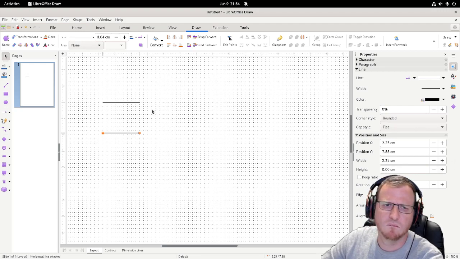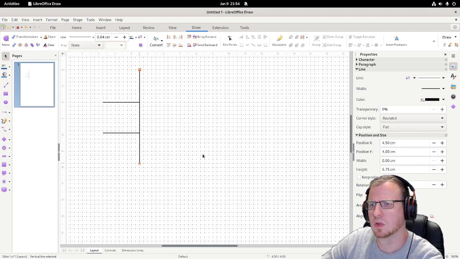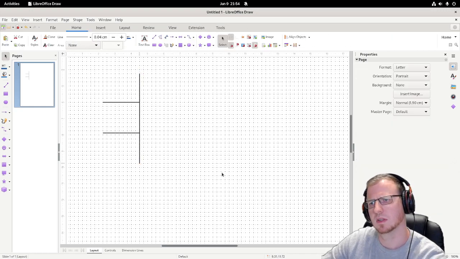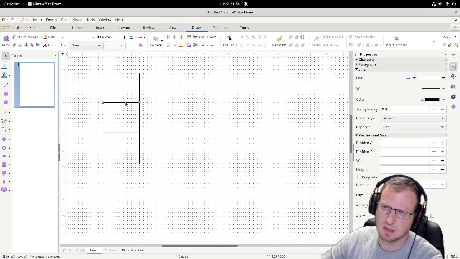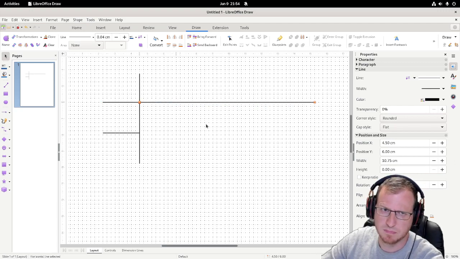I would like to see this left part as a voltage supply. Like that. And that's a very long line.